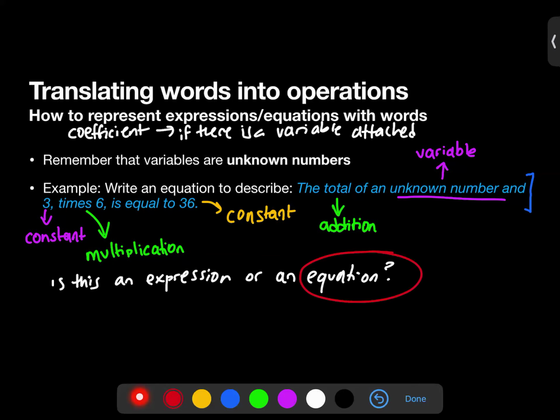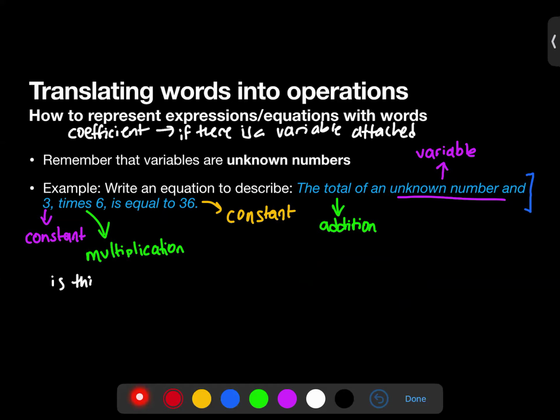Equation, correct, because we have an equals sign. Remember, equation is with an equal sign, expression is no equals sign. Okay, good job. So now let's look more into our terms.